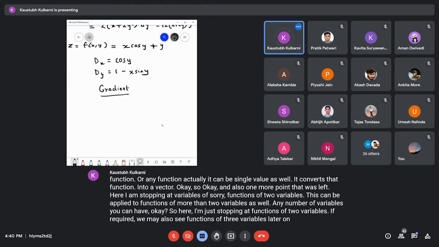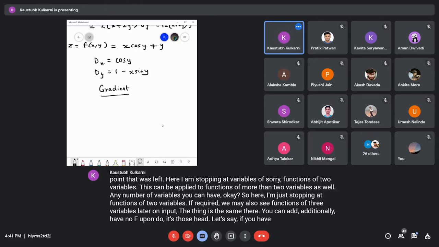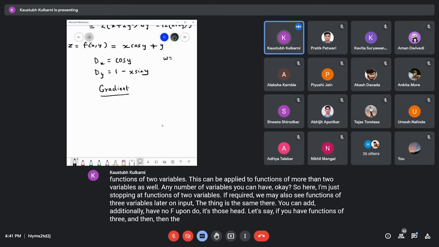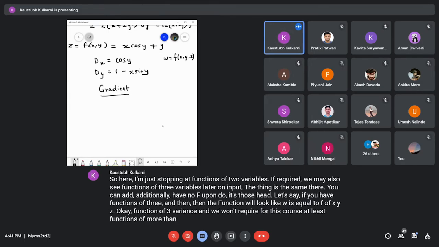But the thing is the same. There you can additionally have dou f upon dou z. If you have functions of three variables, then the function will look like w is equal to f of x y z. We won't require, for this course at least, functions of more than three variables.